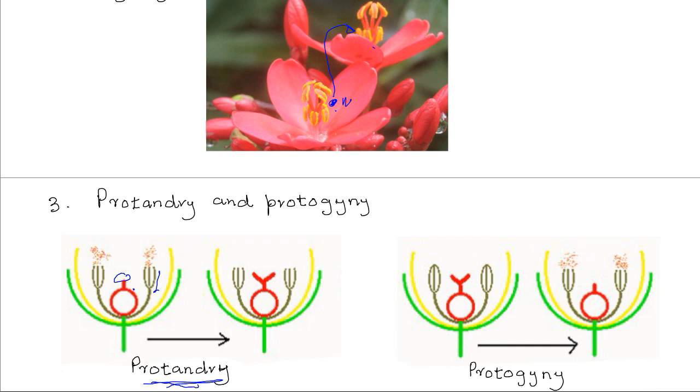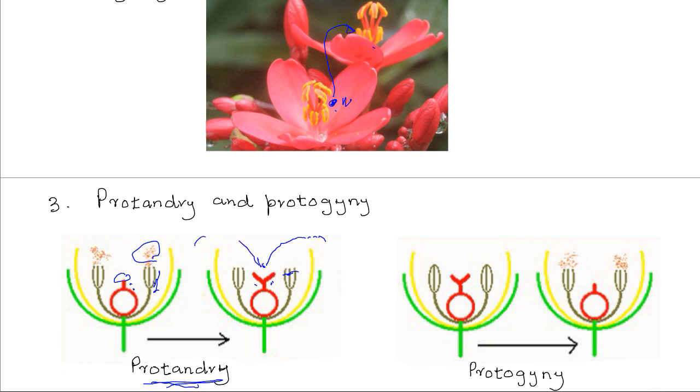So in this particular case here, you can see the anthers are matured and they have released their pollen grains when the stigma is not yet ready. Then after a few days, the anthers will wither and this stigma then is mature, which means the stigma can only receive pollen grains from another flower.